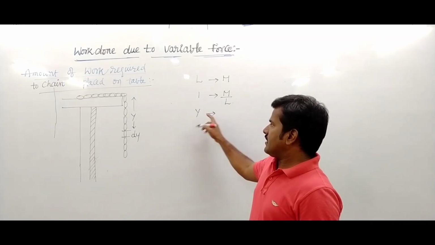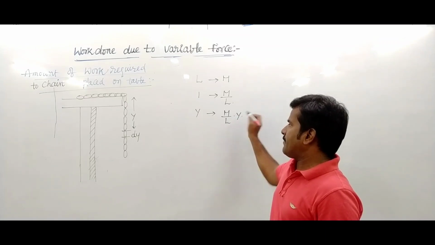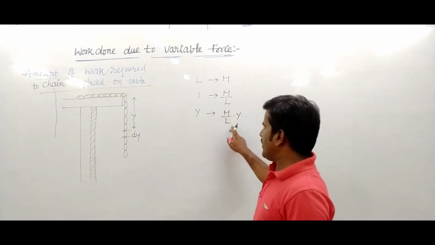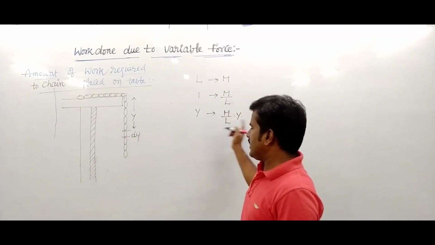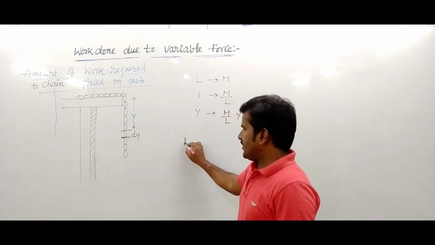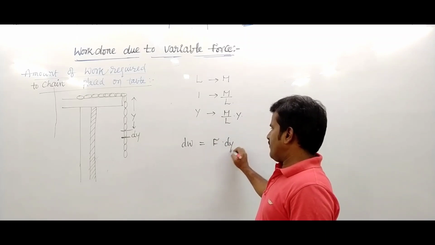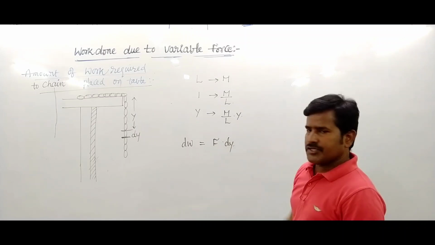So for y length of chain, the mass is M upon L into y. For dy displacement, the work done is dW equals F into dy.